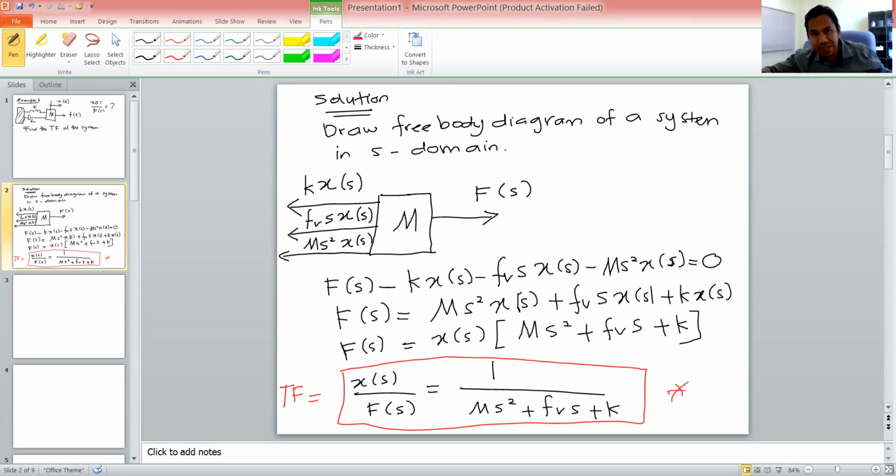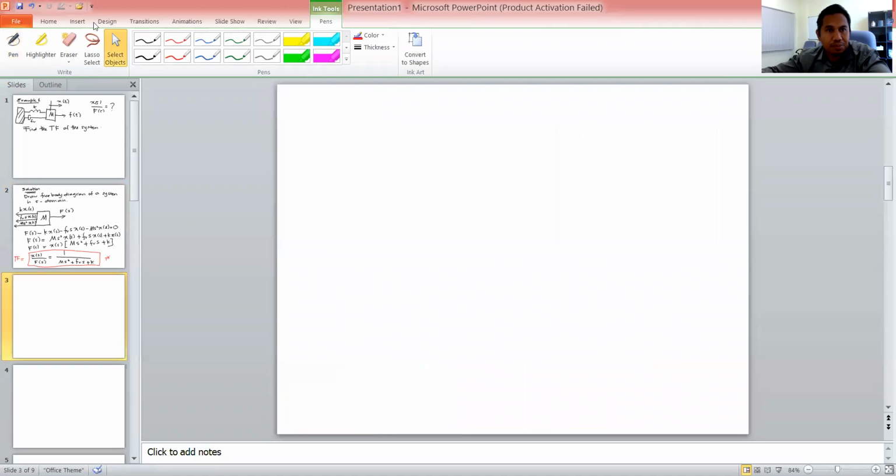Okay, I move to the next example. Example number 2. We have a wall here.